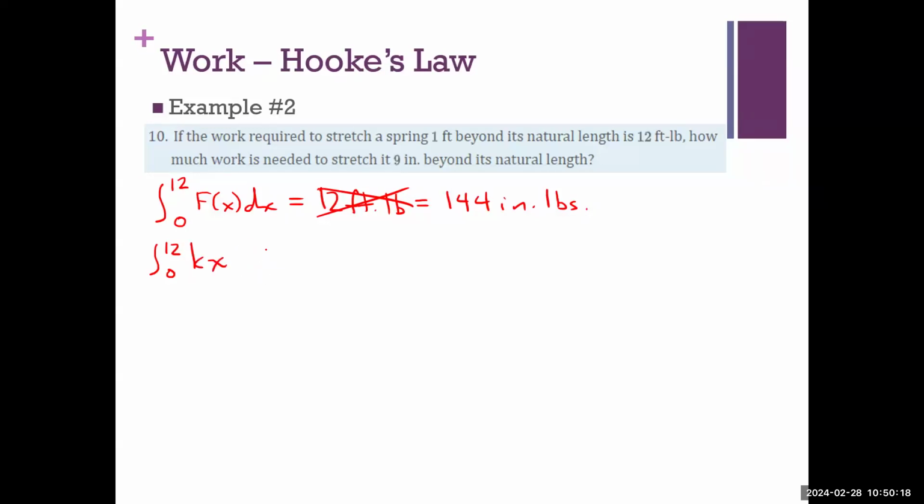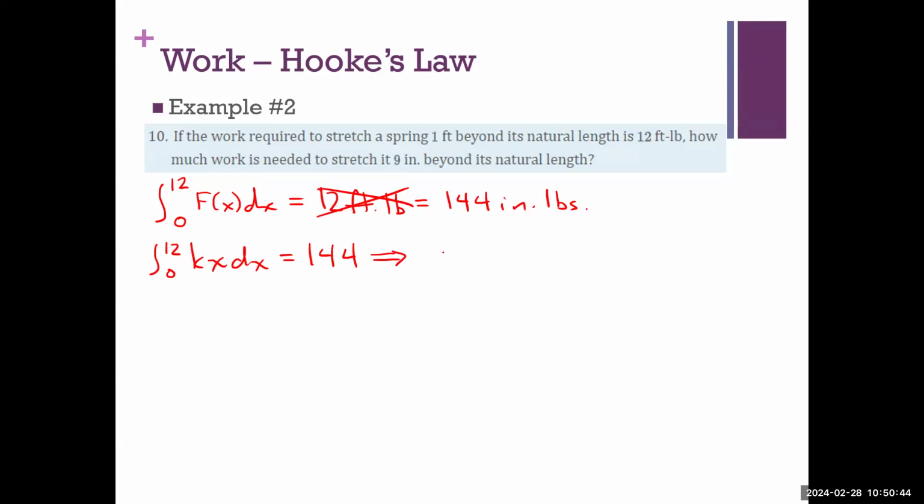So I know that we have a spring. We're going to assume that those follow Hooke's law. So I know the work required to do this displacement is 144 inch-pounds. If you were to write it out, it would be 12, split the 1/2 on the outside.